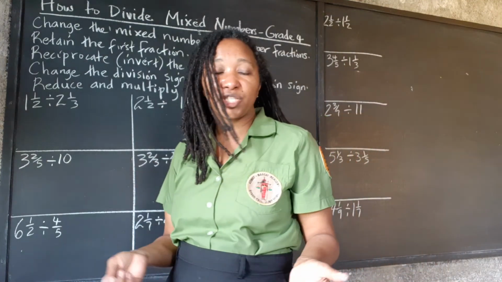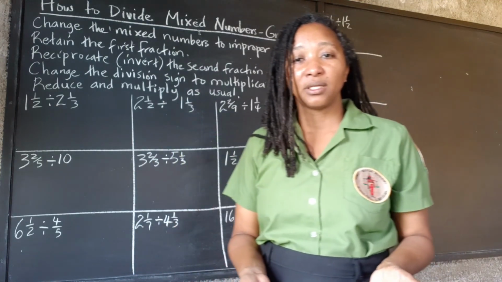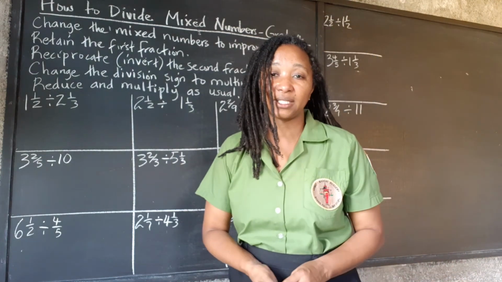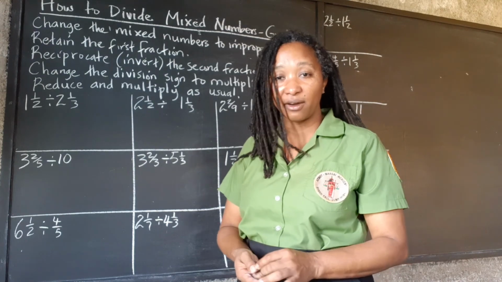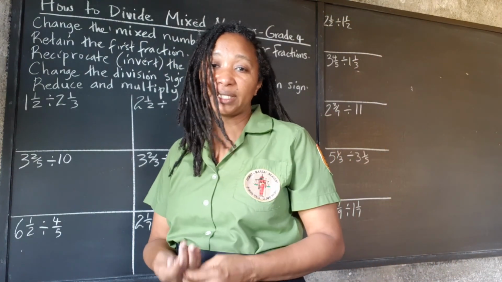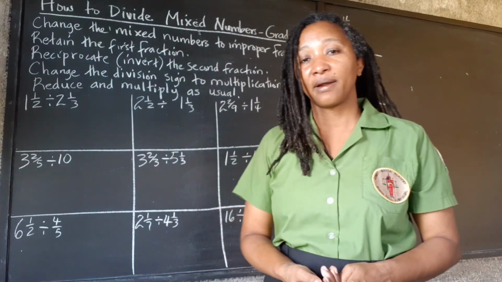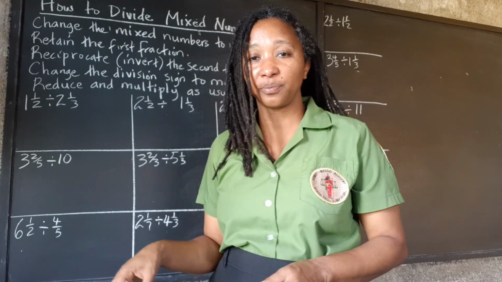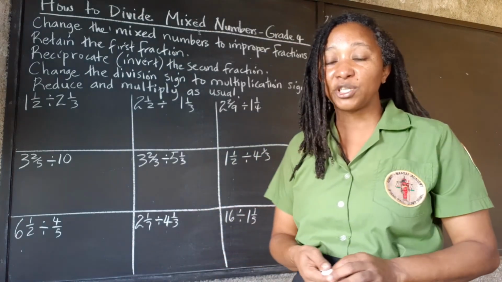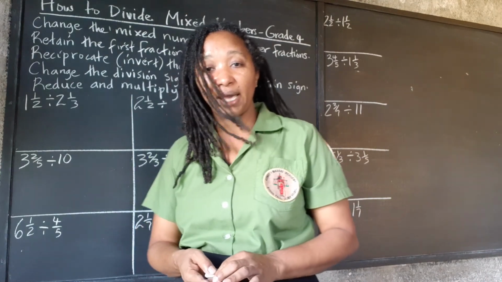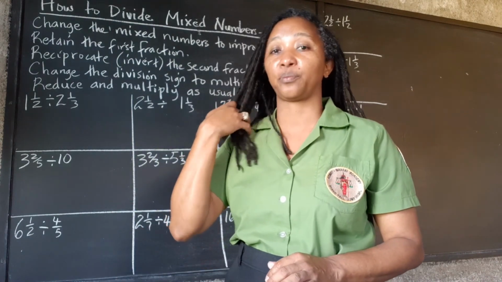Now, why are we changing the division sign to multiplication? Why are we reciprocating or inverting the second fraction? Because it's a mathematical principle that when we are dividing a number by a fraction, we get the same result as if we were multiplying that number by the reciprocal of the fraction.